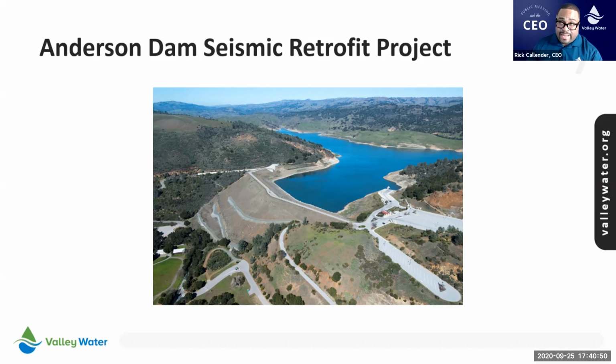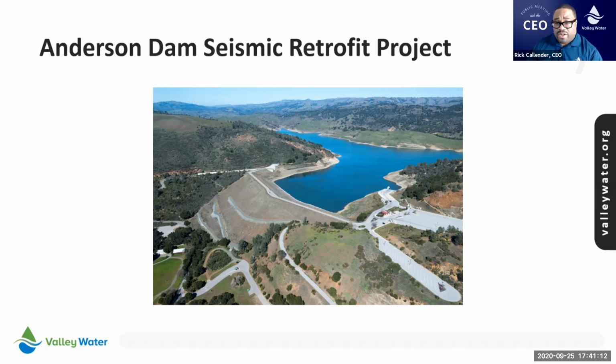Actually, it was late last year when FERC basically ordered us to draw down the reservoir starting October 1 of this year. So that dewatering starts on October 1, and a tunnel construction effort is expected to begin in 2021 with full completion of the Anderson Dam seismic retrofit project by 2031.